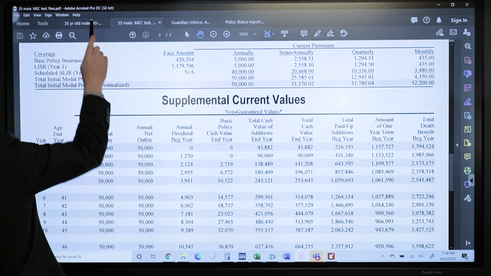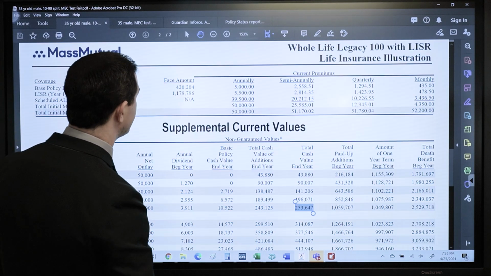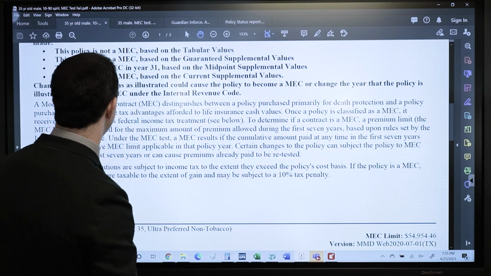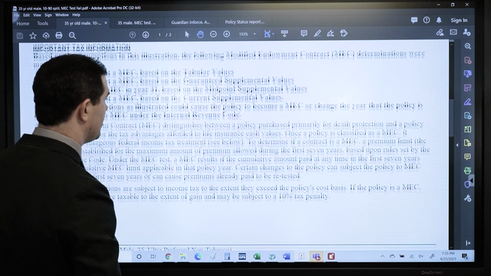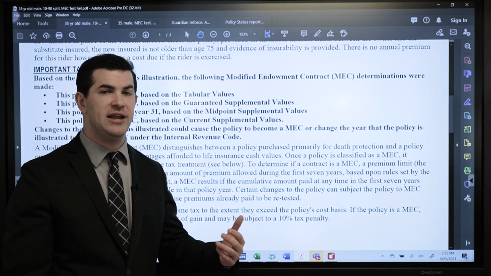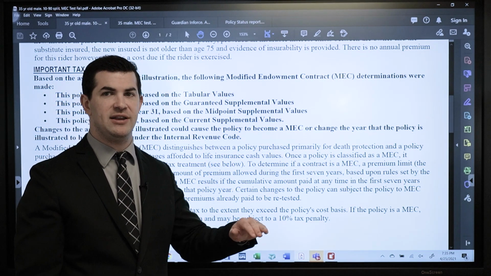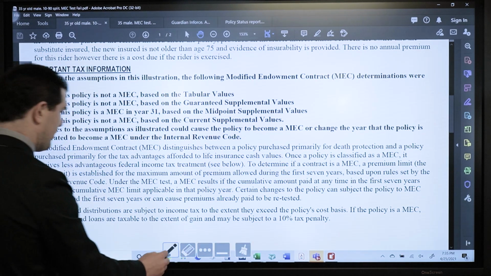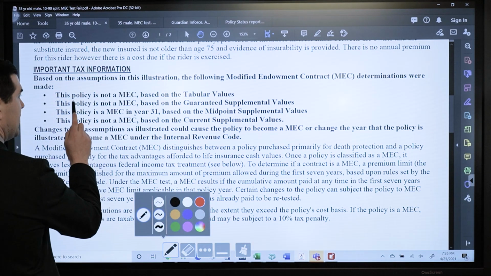I'm going to go back to the first one. Here's what I want to touch on. Based off of the current illustration in the software, which is what most individuals look at, the policy did not MEC. So, based off the present dividend, no MEC, here we go.